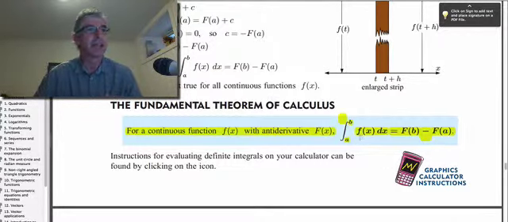Because if our antiderivative of f of x has a constant in it, then that constant will be here when we evaluate the antiderivative at b. It will also be the same constant here when we evaluate the antiderivative at a. So we subtract here from here, and that constant just disappears. So it's not a problem. And that's very nice because we don't want to be getting an infinite number of areas for one area under one curve. But we don't. It all works nicely for us.